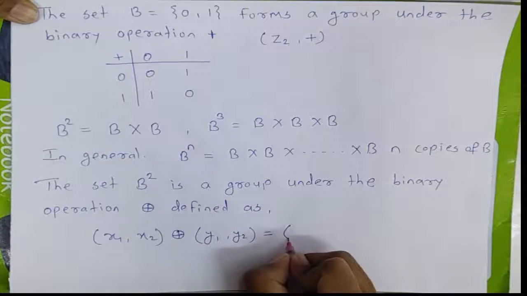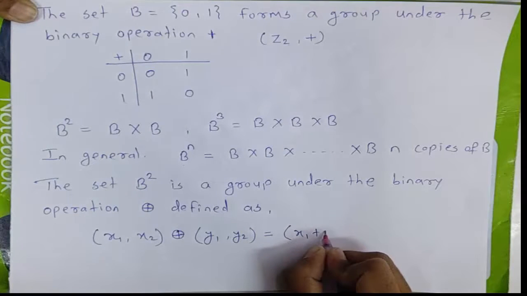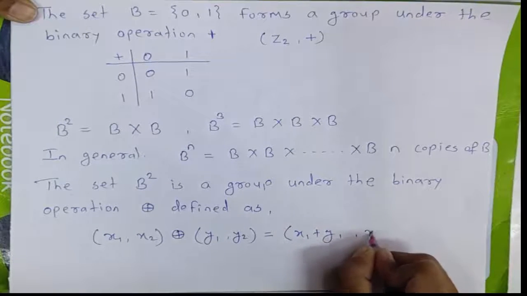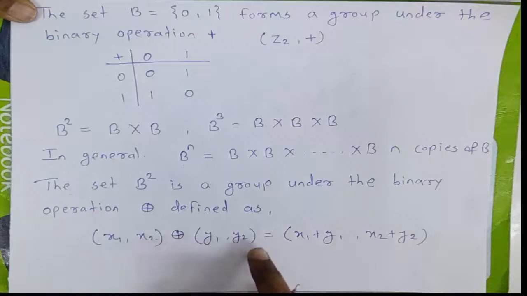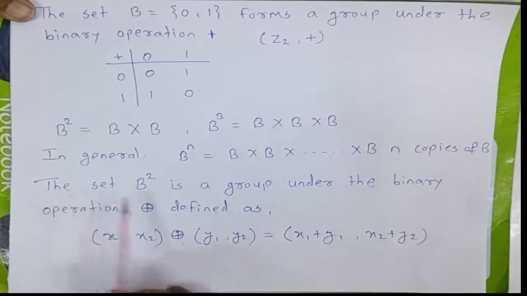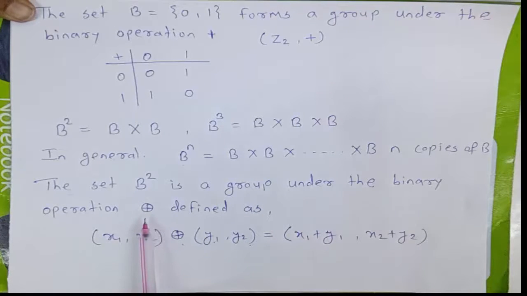So here the operation is x1 plus y1 and x2 plus y2, that is coordinate wise addition. So (x1, x2) ring sum (y1, y2) is nothing but (x1 plus y1, x2 plus y2). So the set B square is a group under the binary operation ring sum, and ring sum is defined here.